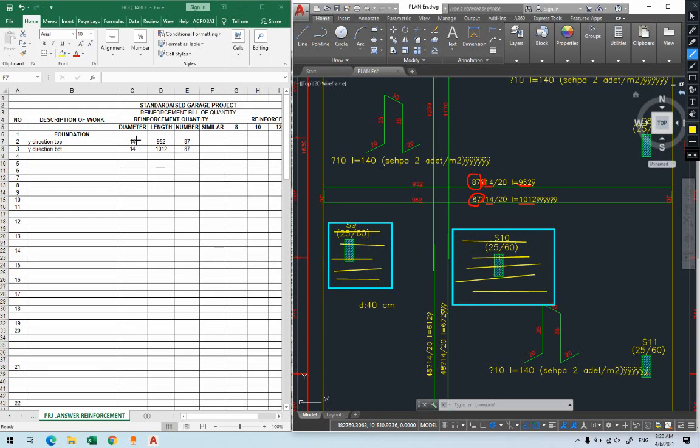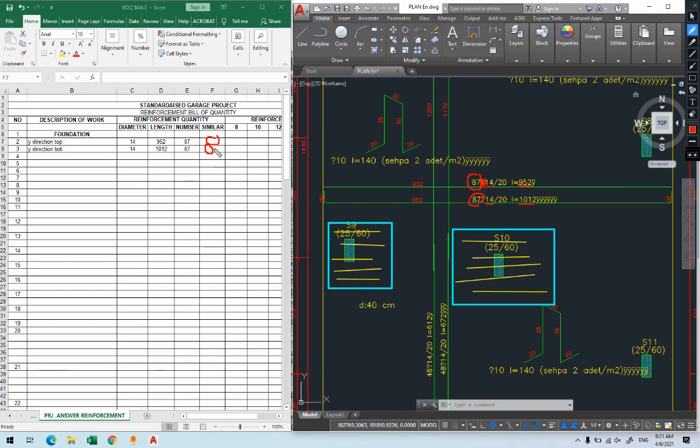If they are the same, when you're writing it here, you write 14, you write the length of it. You wrote, for example, you have 5 of them. For the similar, if you have a similar foundation to this one, you can just simply write it here. So similar is for the element. Now let's imagine you do a city, calculating reinforcement for a residential city where all the buildings have the same foundation.